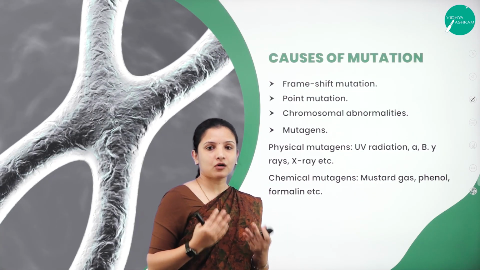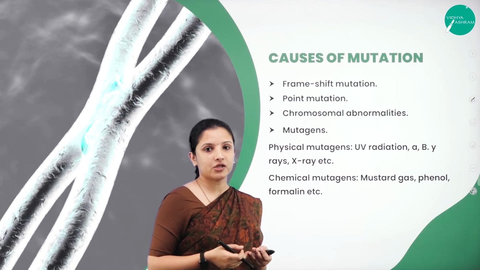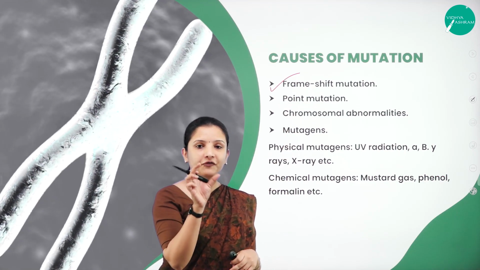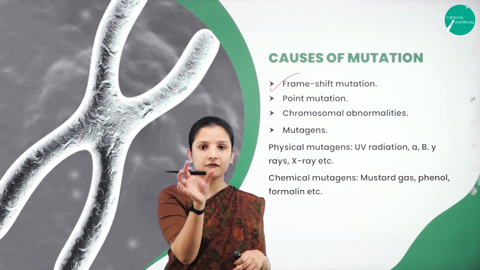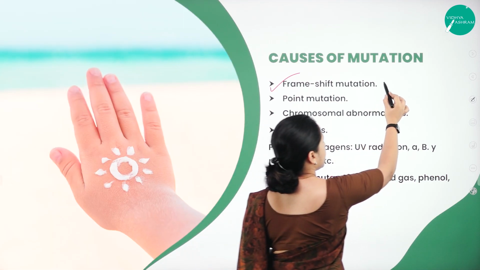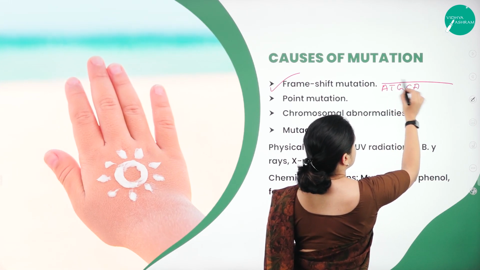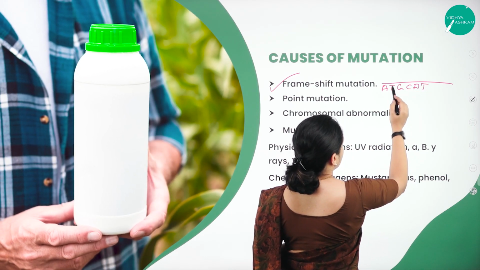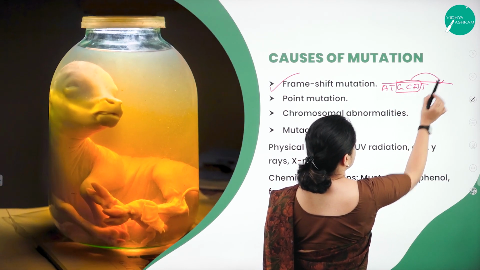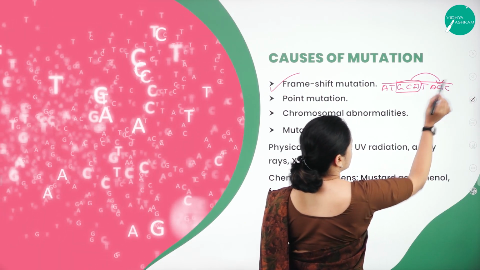There are various causes of mutation, or different types of mutation can occur. The first one is the frame shift mutation. In a frame shift, one particular frame or a small portion of the DNA is shifting. For example, you have ATGCA on the DNA strand. Maybe this particular portion will shift somewhere else, so maybe here TAGC, you'll have a stretch of the DNA strand.